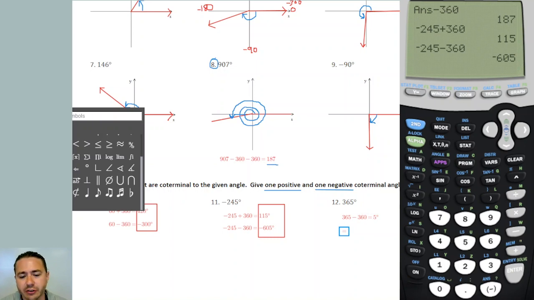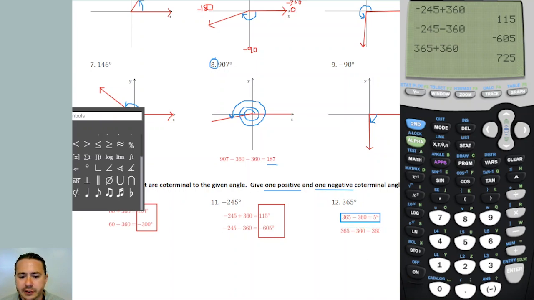If I just subtract 360 once, I get a positive angle measure, like I got 5 degrees. But if I subtract it twice, I will get a negative angle measure. Another angle measure you could have gotten here is if I add 365 and 360, I get 725. So that would be another positive angle measure that could work here. Just make a note of that.